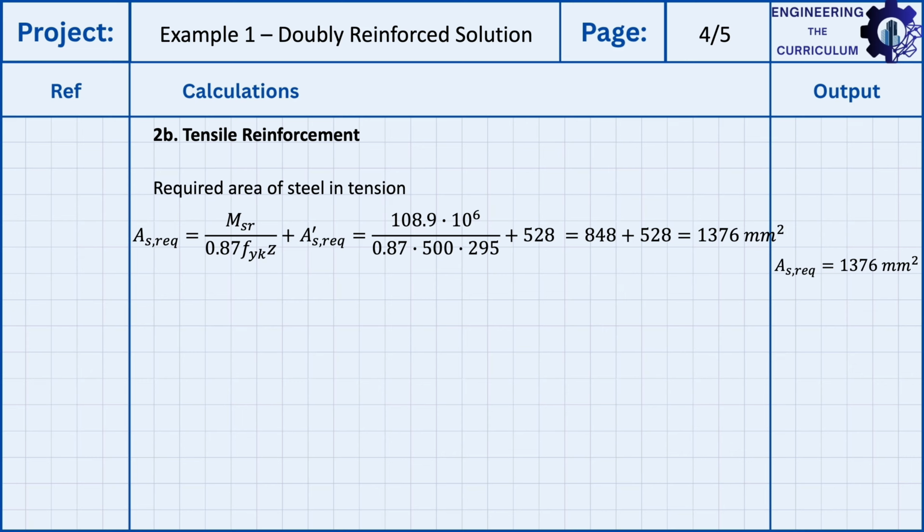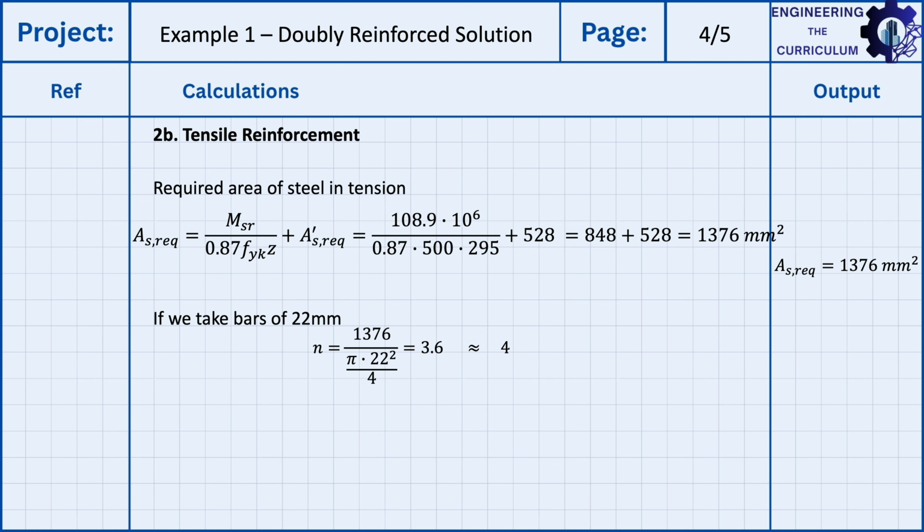So we know that the moment that the section can carry as a singly reinforced beam is 108.9, and that gets divided by 0.87 times the strength of steel, 500, times z, which we found to be 295, and we have to add on to that the area of steel that is required, not provided. And that works out as 1,376 millimeters square.